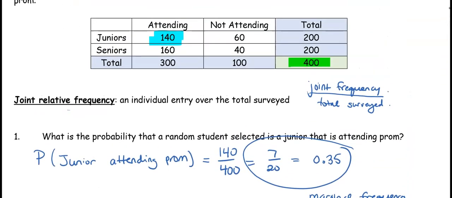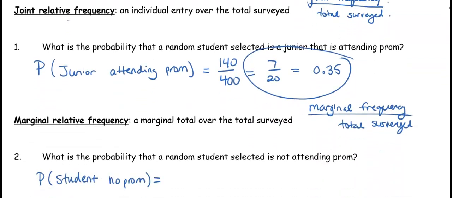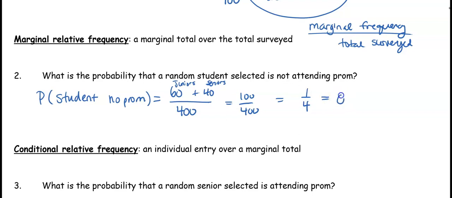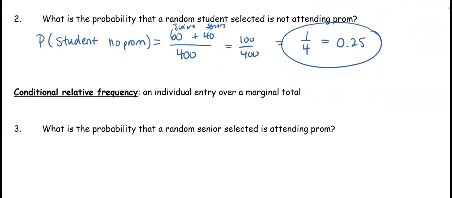So it could be either the juniors not attending, or it could be the seniors not attending. That is why it's marginal. It's that total. There are 60 juniors and 40 seniors over the total surveyed. So that gives us 100 over 400, reducing down to 1 over 4. A quarter is that probability, 1 out of 4 students not attending prom.